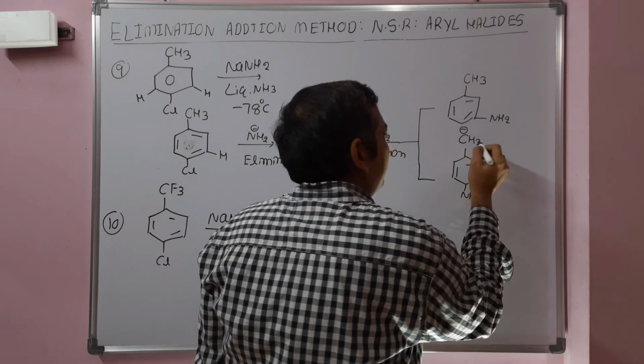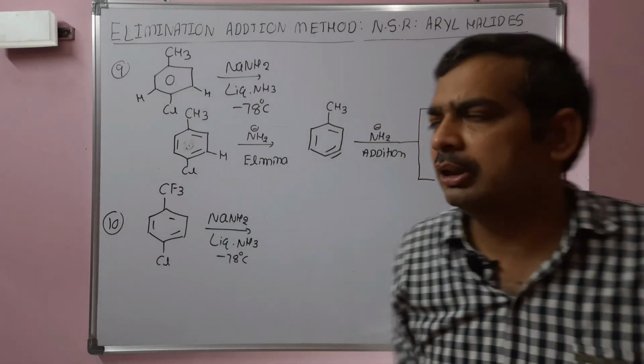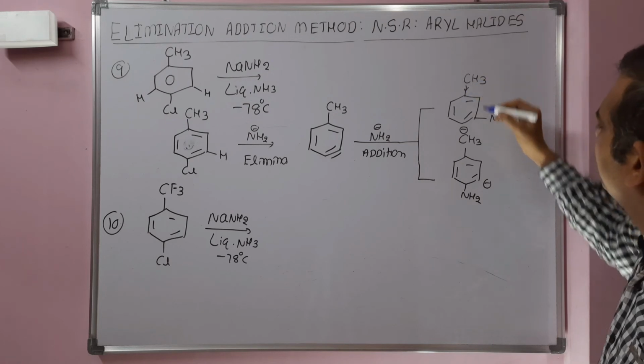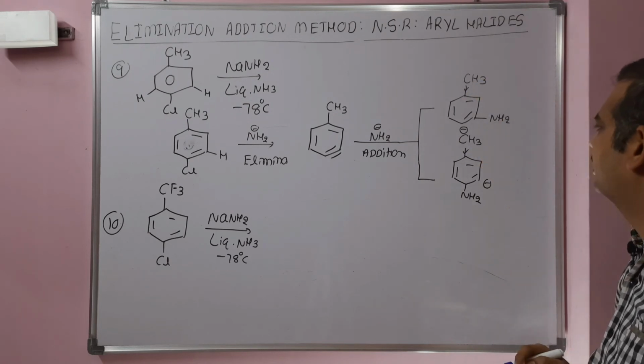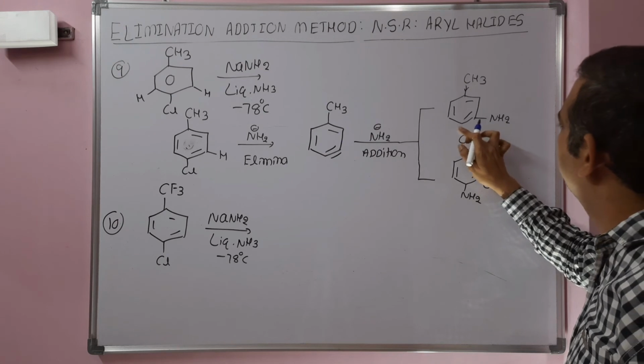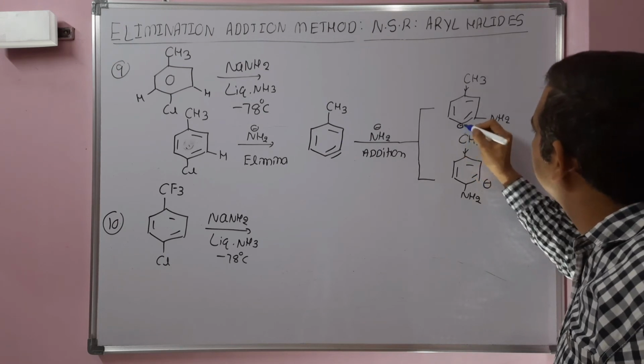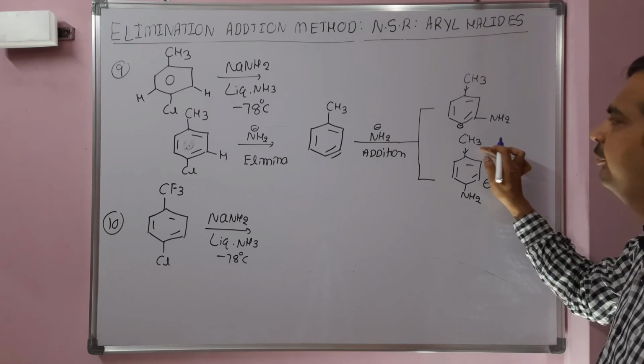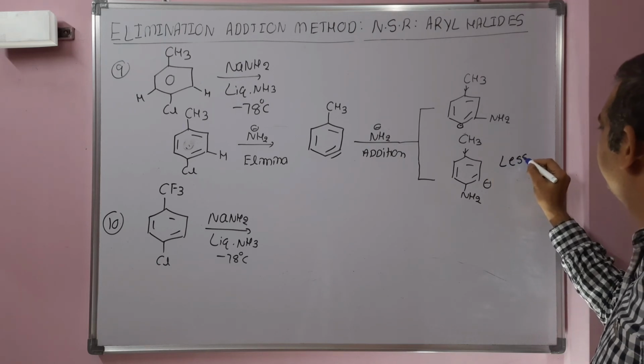Among these two carbanions, which is the stable carbanion? A plus inductive effect group destabilizes the carbanion. If your carbanion is near to the plus inductive effect group, it is less stable.